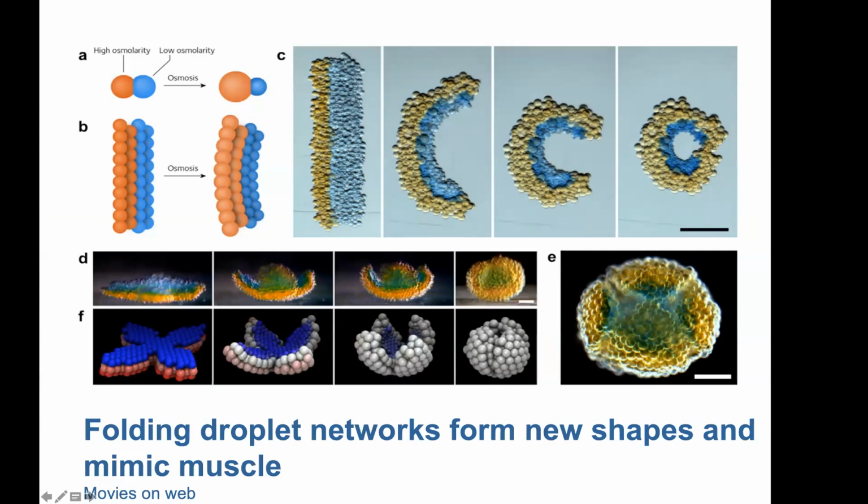And more interestingly, this flower-like shape that's printed onto a non-sticky surface on the bottom will fold up into a hollow sphere. And there are really 2 purposes for doing this. One is to make shapes that you couldn't possibly print. It'd be very hard to print a hollow sphere, but also ultimately to print materials that mimic muscle.